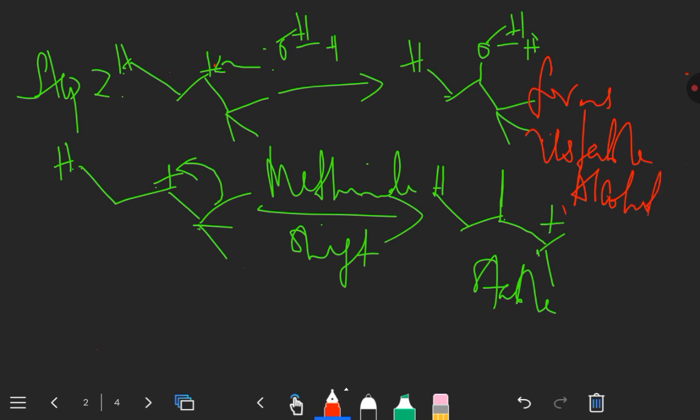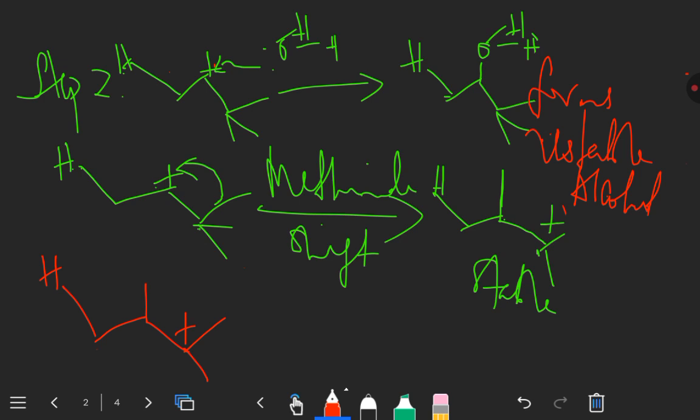Okay, so we go for this second one. So we have a hydrogen there, a methyl there, then the carbocation is here.